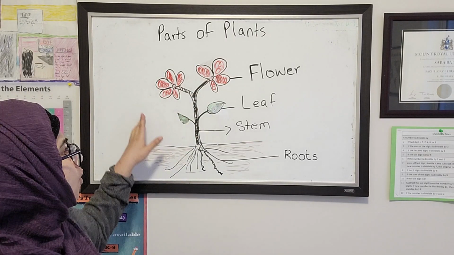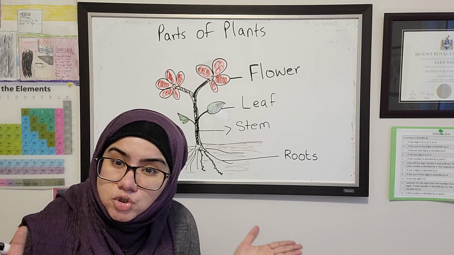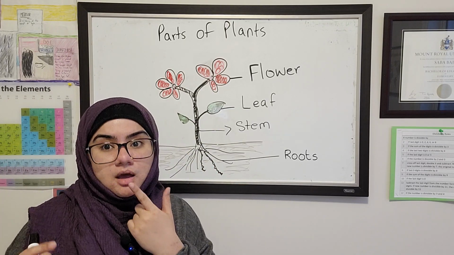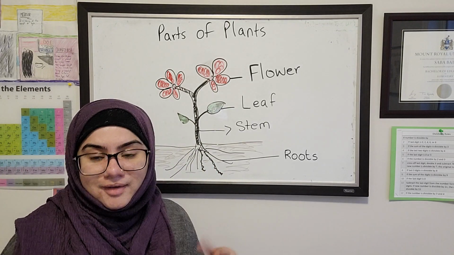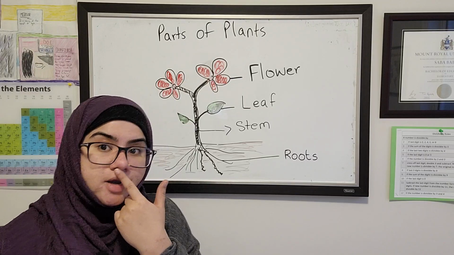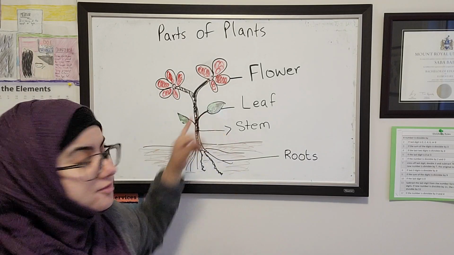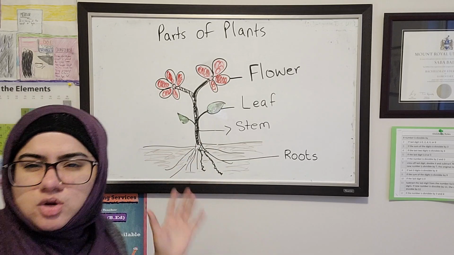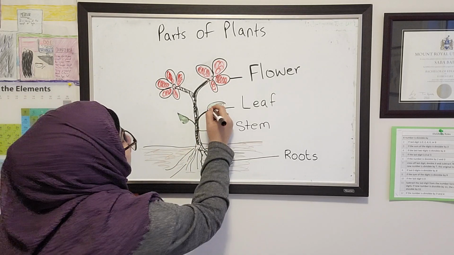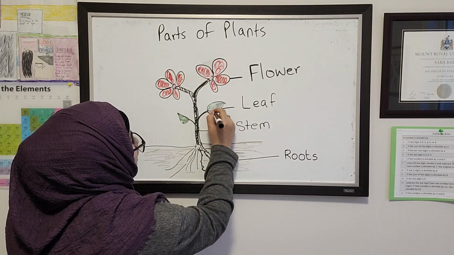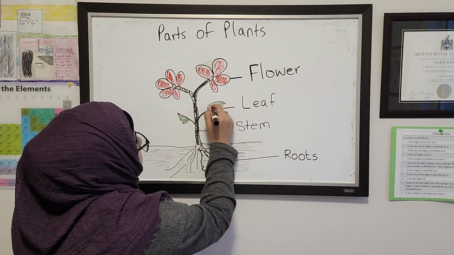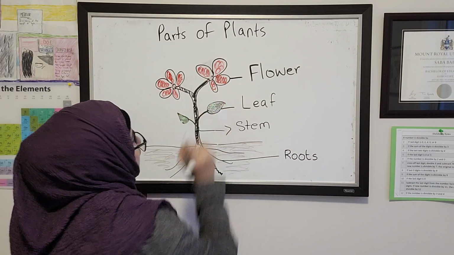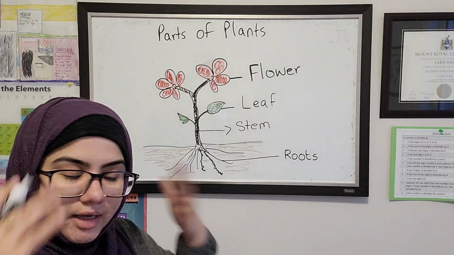Okay, now what's happening with the leaf? What do leaves do? You know how we breathe? Right? We use our mouth, we use our nose to breathe. So leaves' job is to breathe, because leaves have very, very tiny holes in them, which we cannot see with our naked eyes.